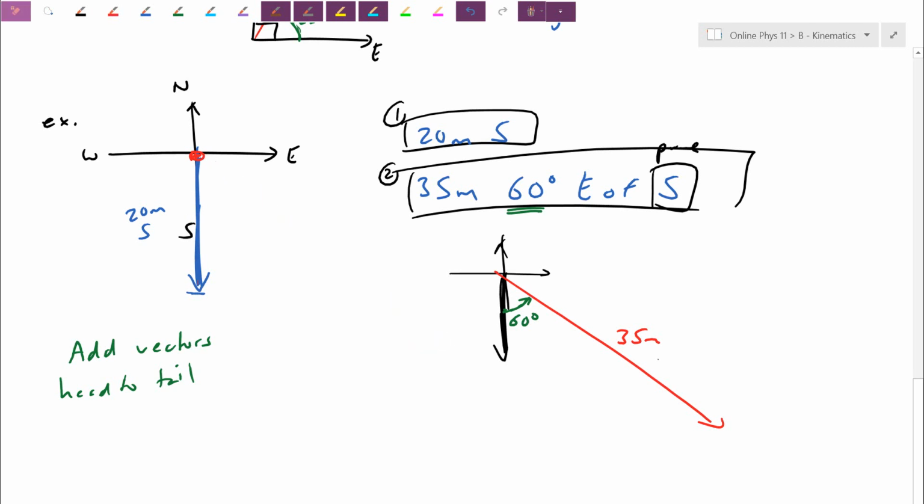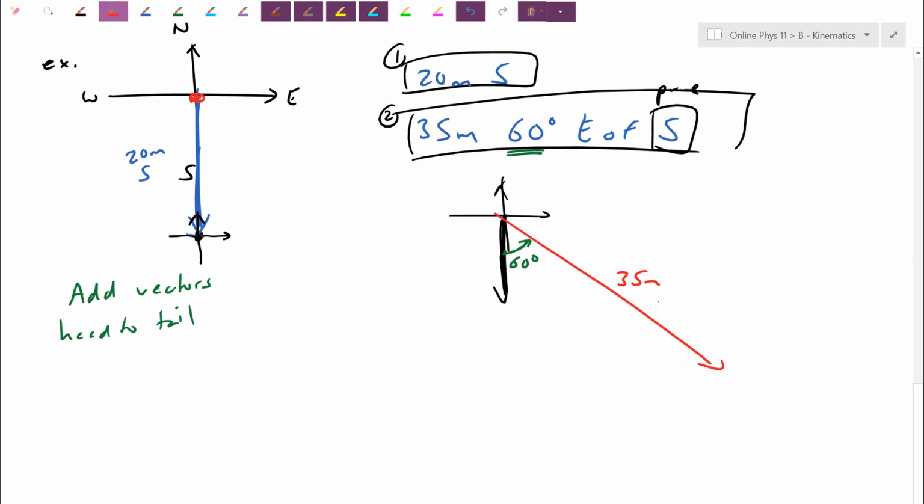So what we're going to do when we add vectors is, I know after the 20 meters, you're down here. I'm going to plop a coordinate system. Now what's my next heading? Well, my next heading is I'm going to start going a big triangle, 35 meters. And the angle that we said is going to be 60 degrees. The length is 35 meters.